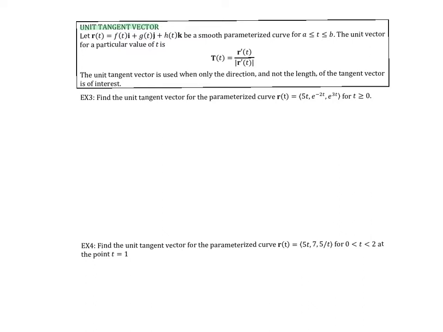So to get a unit vector, we always take our vector and we divide it by its magnitude, which is why we have this formula here, that capital T vector, and we reserve capital T for the unit tangent vector. So if you see this capital T, you can assume that we're talking about the unit tangent vector. And it's simply the derivative divided by the magnitude of the derivative vector.